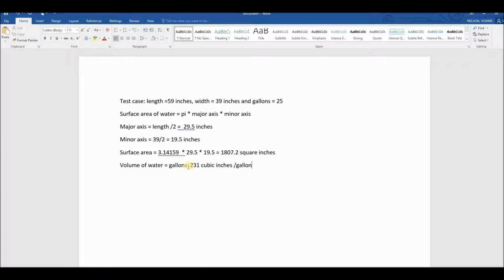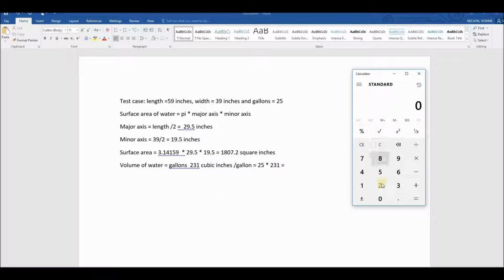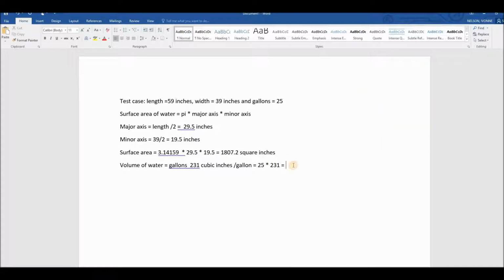So I have 25 gallons, and there's 231, so I'm going to multiply those. 25 times 231 is equal to 5775 cubic inches of water.